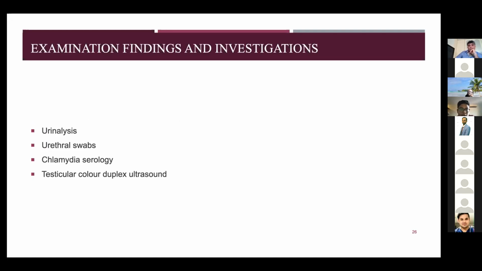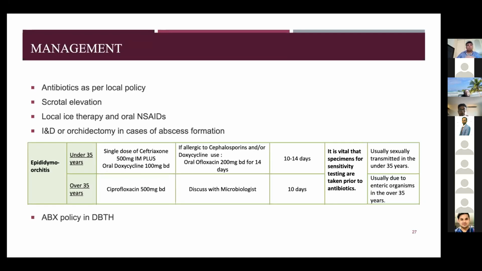A testicular color duplex ultrasound might show an enlarged epididymis with increased vascular flow. Management would be antibiotics as per local policy, scrotal elevation, localized therapy, and oral NSAIDs, with incision and drainage or orchidectomy in cases of abscess formation, which is usually urological management.